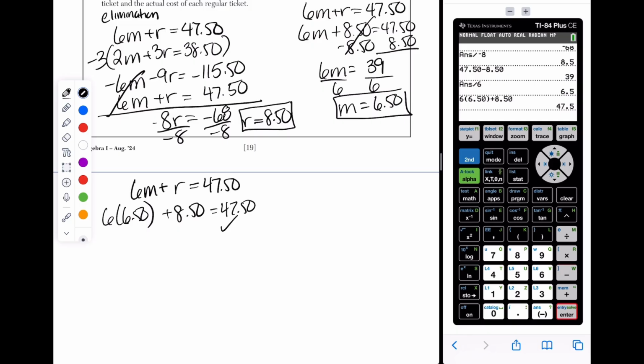And I could do the same thing with the other equation. So 2m plus 3r is 38.50. So 2 times 6.50 plus 3 times 8.50. And we'll do that in our calculators.